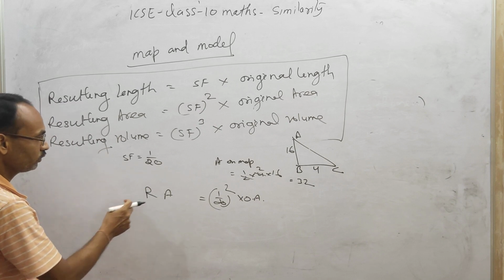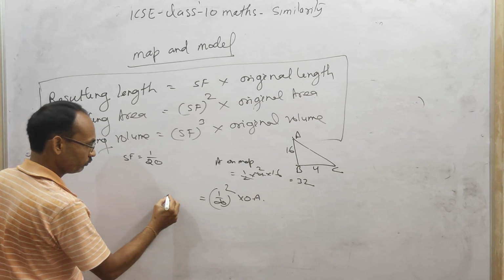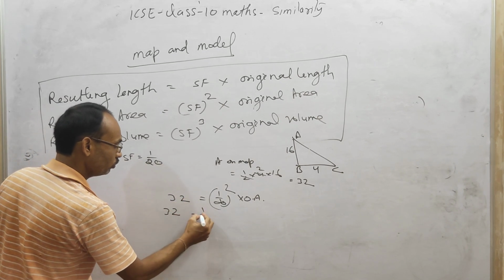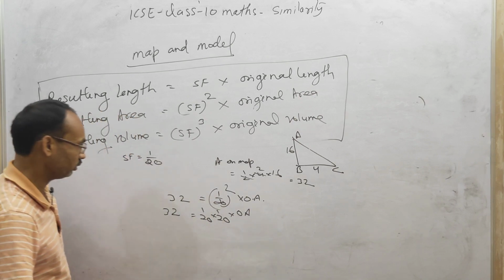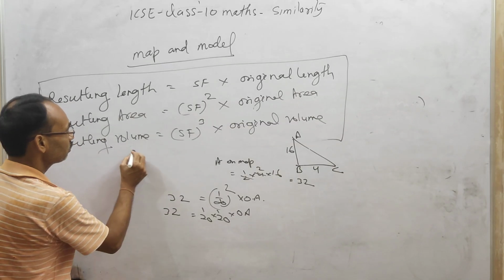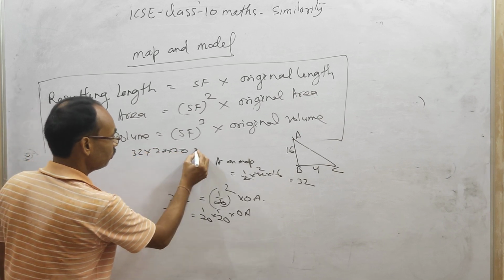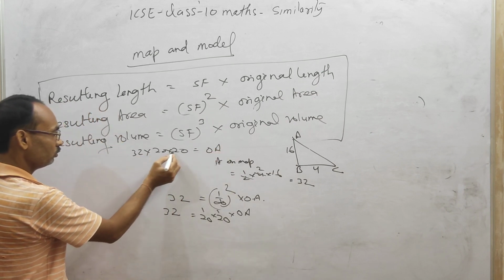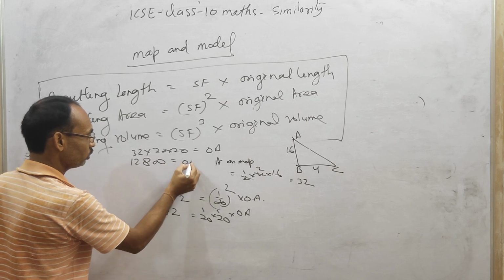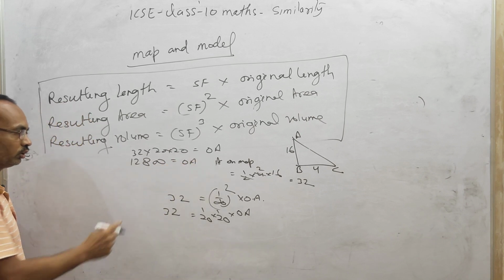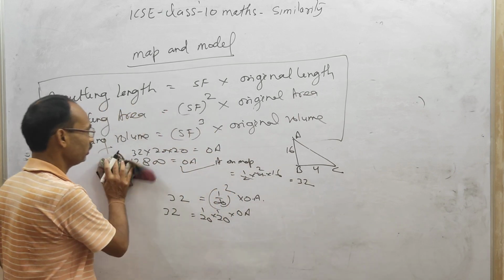Resulting area is given as 32, so 32 is 1 upon 20 squared into the original area. After calculating it, the original area comes to 12800. This is the answer.